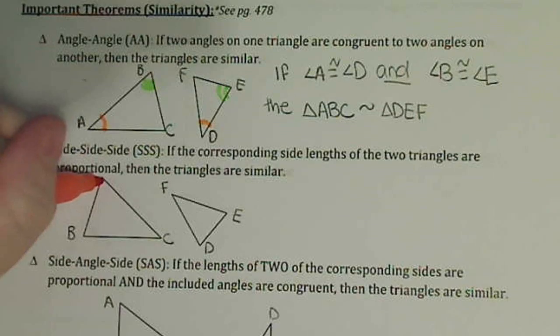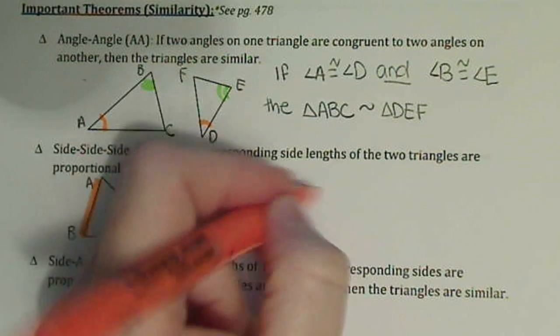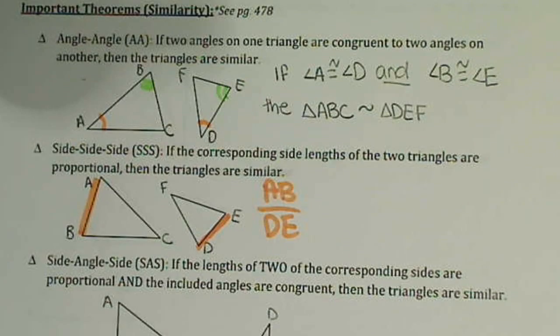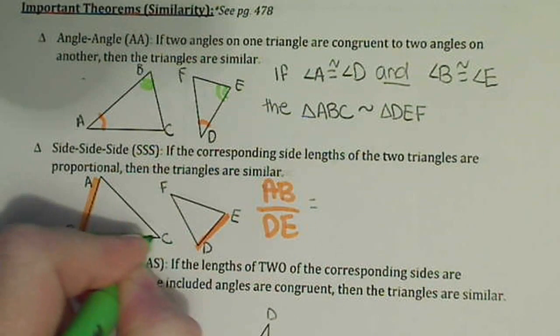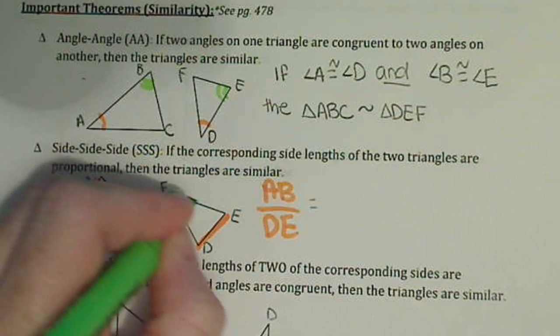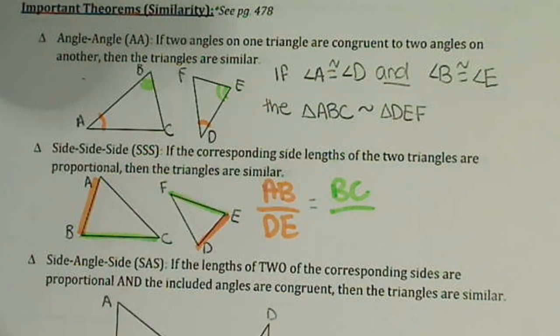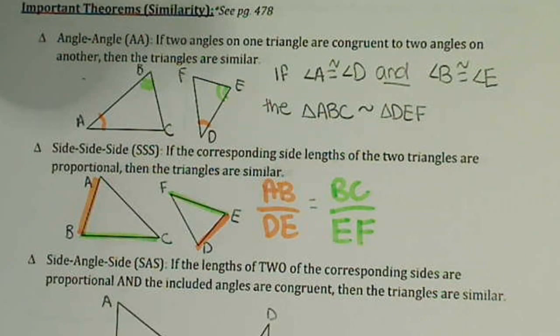So if AB is proportional to DE, and let's say that ratio is proportional to BC and EF. Okay, now that's two sides.